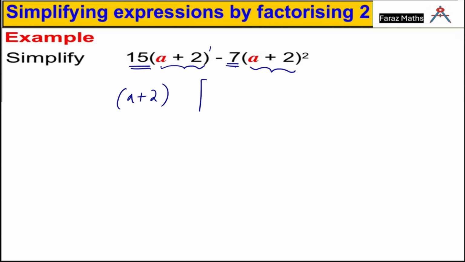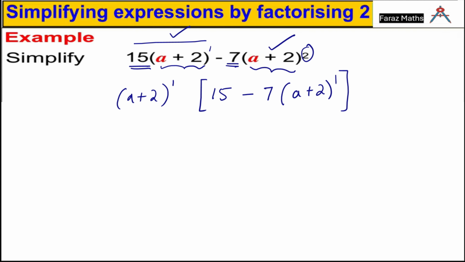Now you have to make the bracket, and then a plus 2 times what will give you 15 bracket a plus 2. A plus 2 times 15 will give you this thing, the first term, and then minus 7, and then a plus 2 power 1 is already outside. So if you multiply it by a plus 2 power 1 also, it will give you a plus 2 whole square. And usually we do not write power 1.